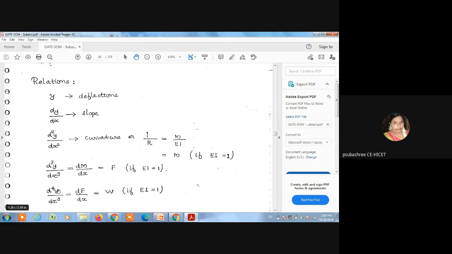And d⁴y/dx⁴ is equal to dF/dx, which is equal to w. w means the rate of loading. F means force.